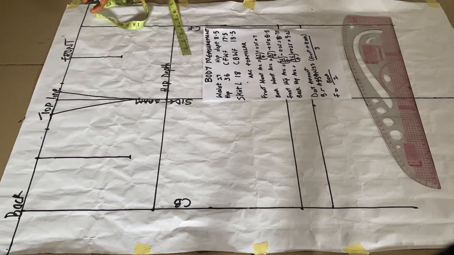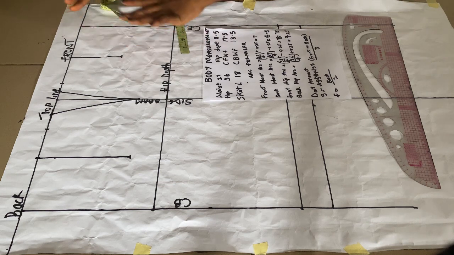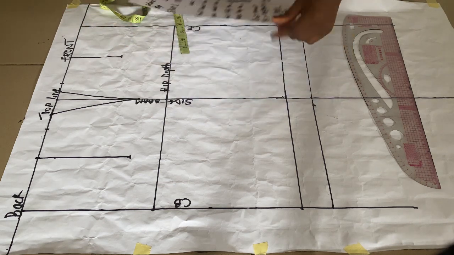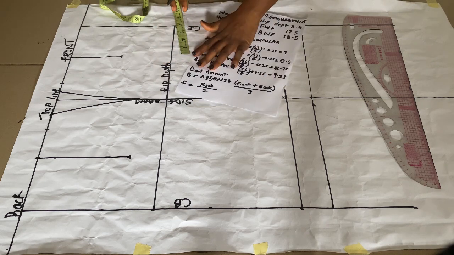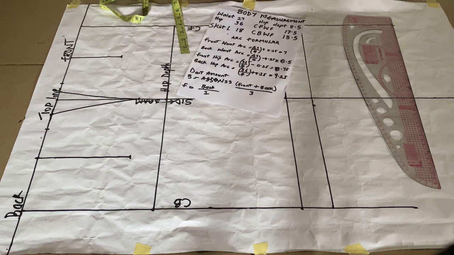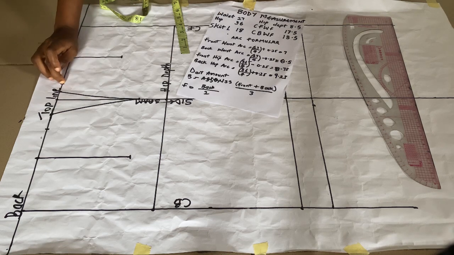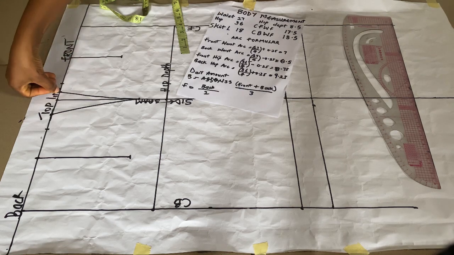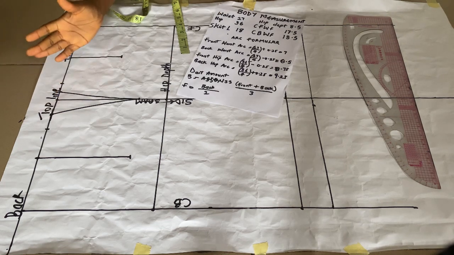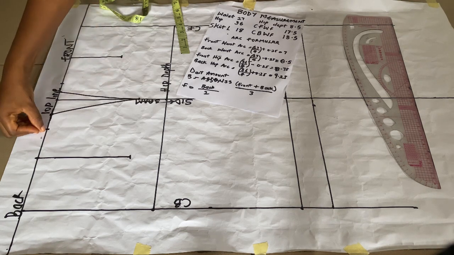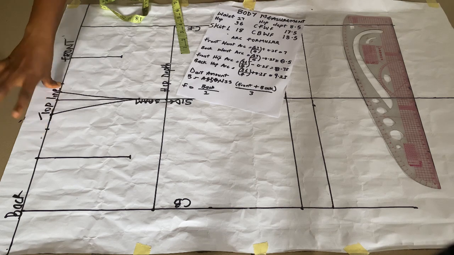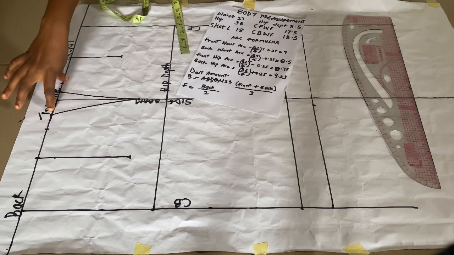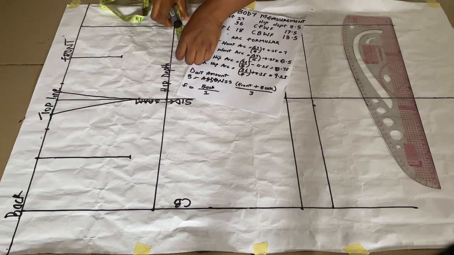So the trickish part here, to get the dart amount at the back, first we'll measure the distance from this actual side seam to this new side seam in the front, and we'll measure from this actual side seam to this new side seam at the back. We'll add them together and divide it by 3.